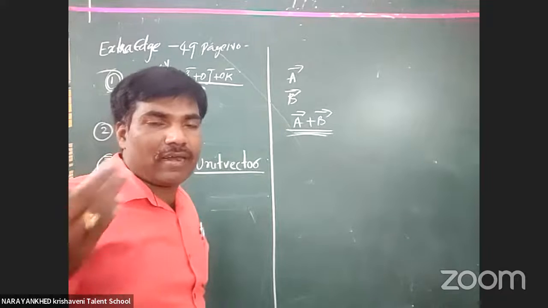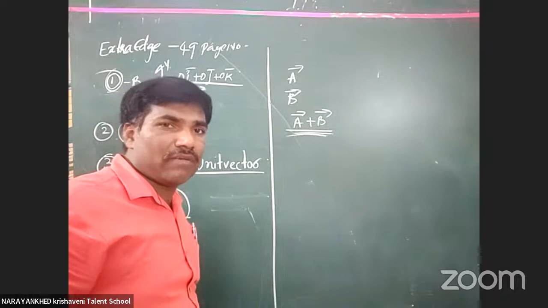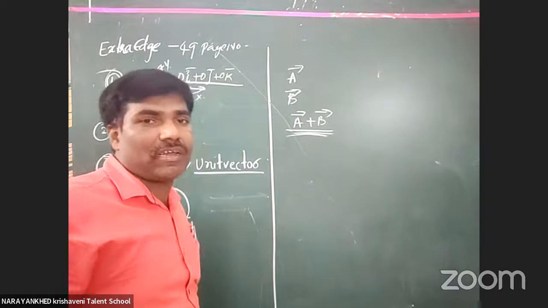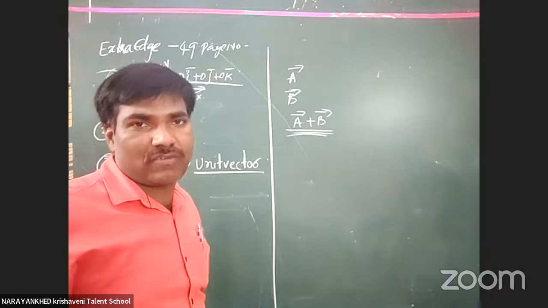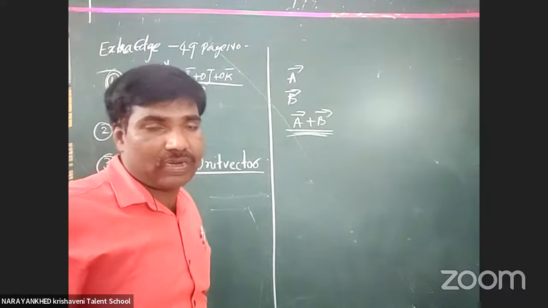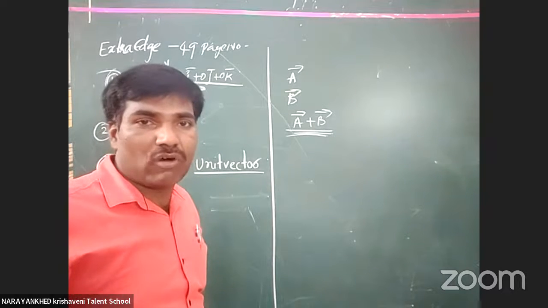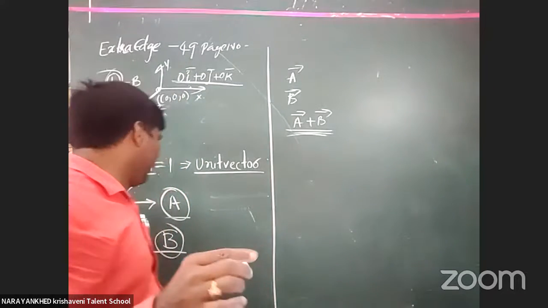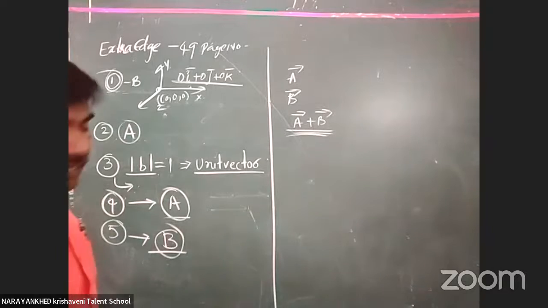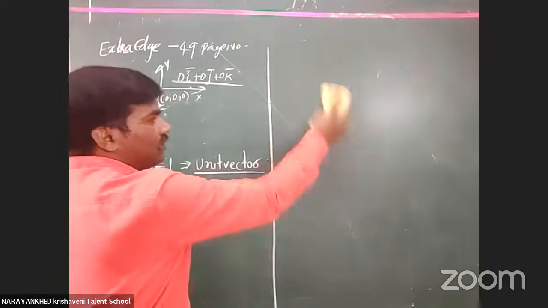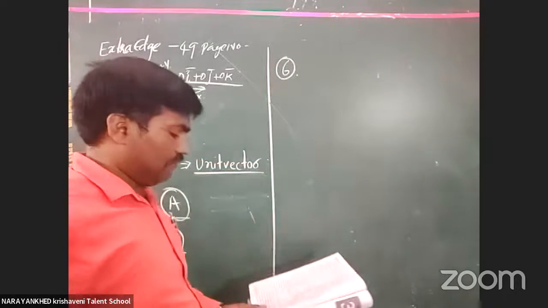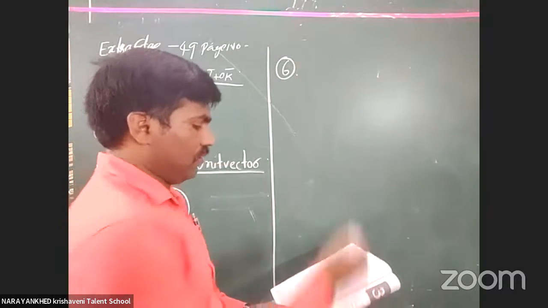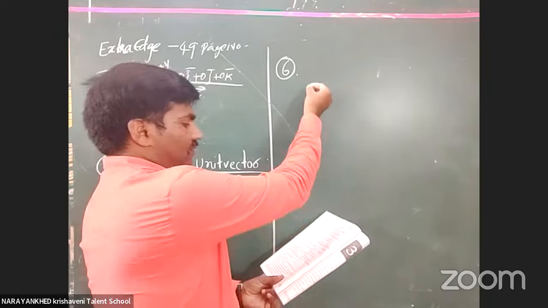They may be parallel, anti-parallel, equal or any type of vector. When you take the sum of all the vectors, or whatever group of vectors there are, that is called the resultant vector. The sixth answer is resultant vector. Answer is C.